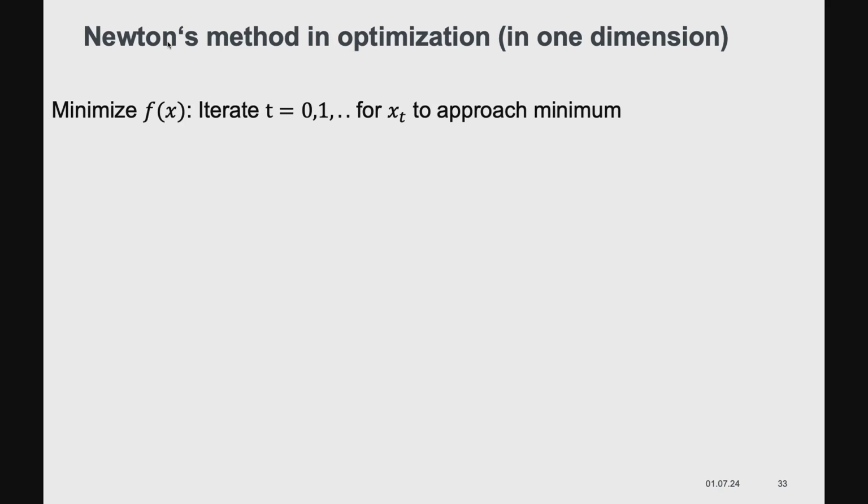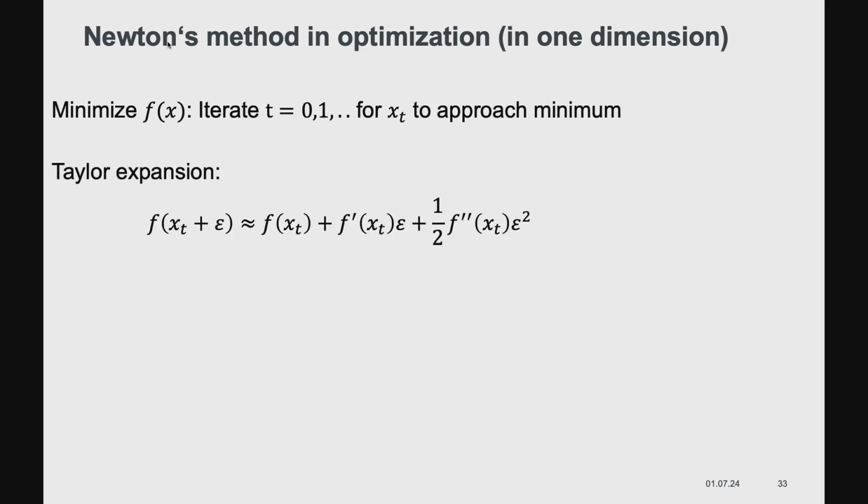And that's why Newton's method, which determines the intersection with 0, can be reduced to the question of where does f prime of x have a 0 value. And so how do we approximate this? We think, that's the idea of Newton's method, of the Taylor expansion.